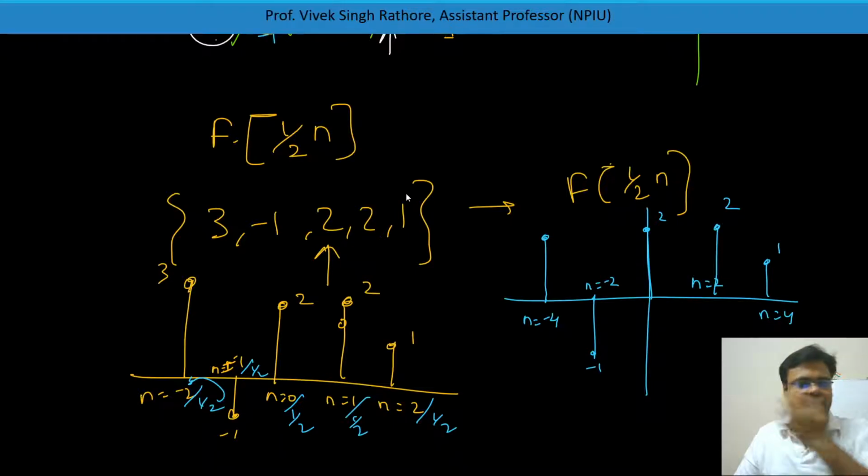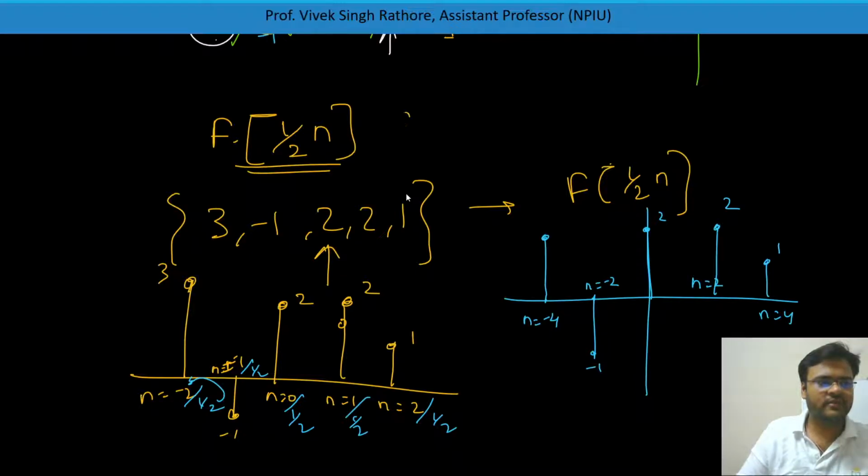You can see that for a less than 1, the signal has been expanded. Whenever we write it down, we have to write from n is equal to minus 4 to n is equal to plus 4. Some values will be written like this: for n is equal to minus 4 the value is 3, then we'll write 0.